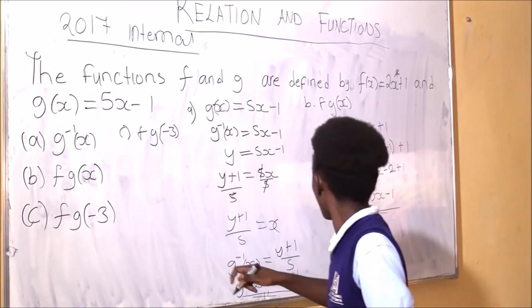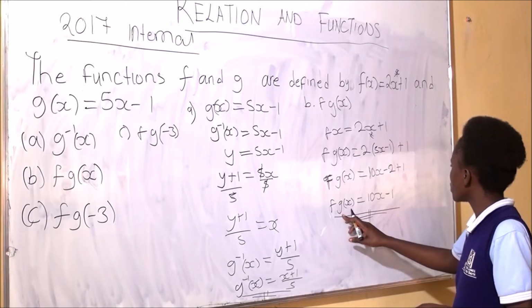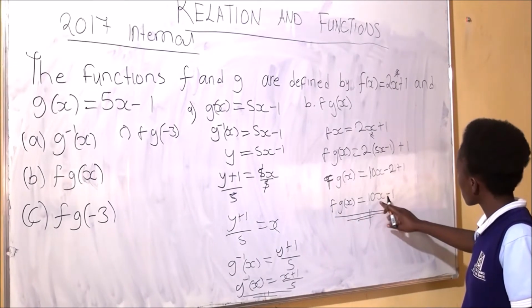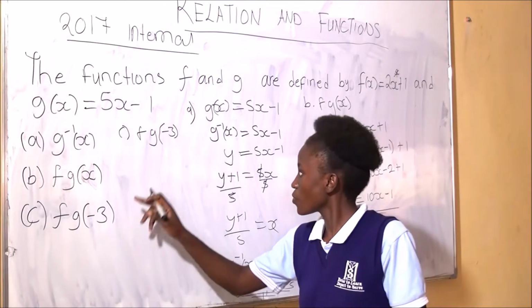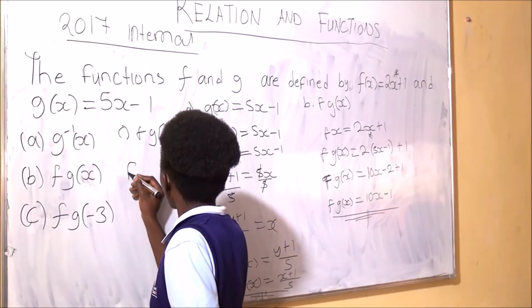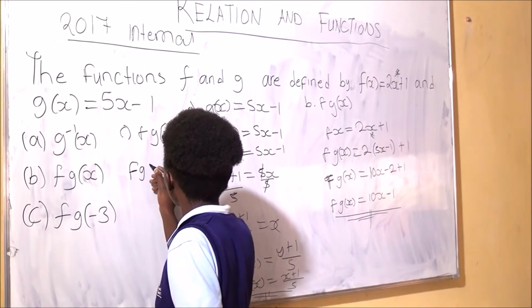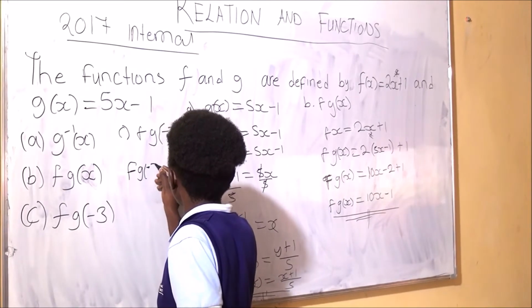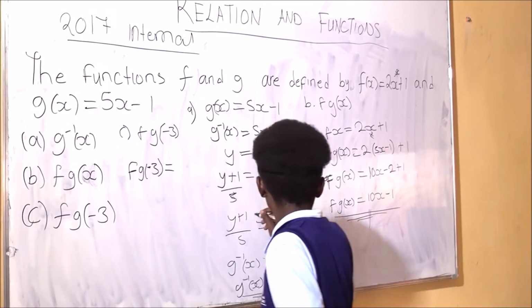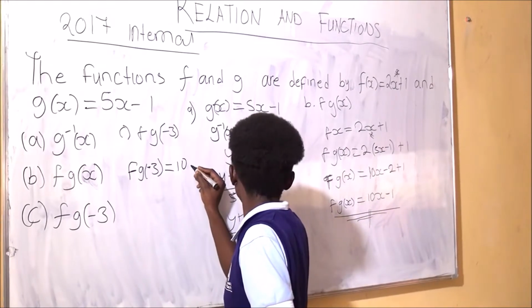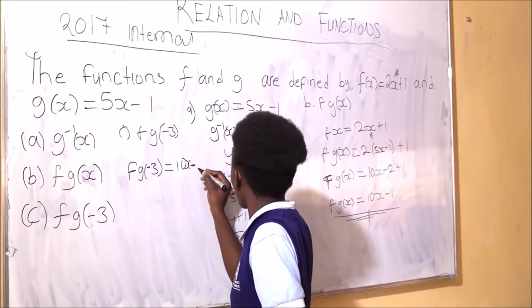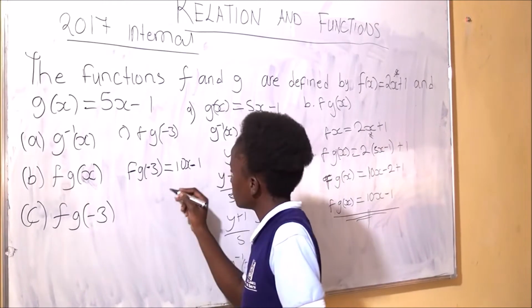So we bring our f of g of x down, then we replace x with negative 3. So f of g of negative 3 is equal to 10x minus 1.